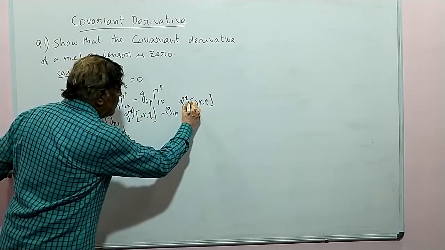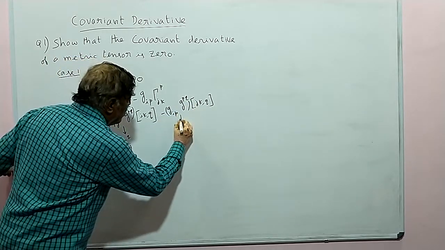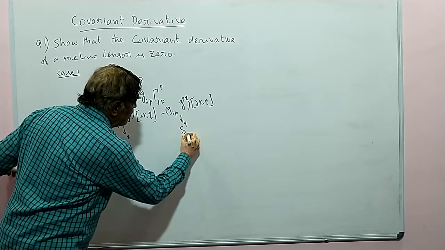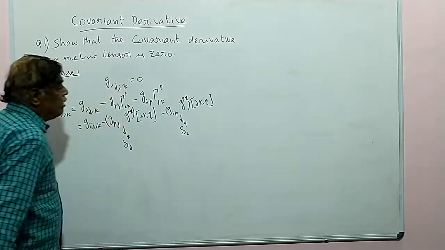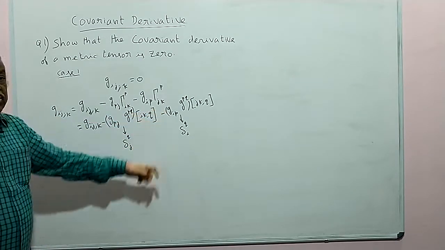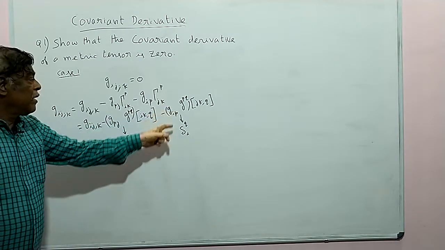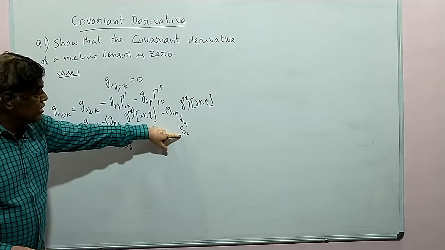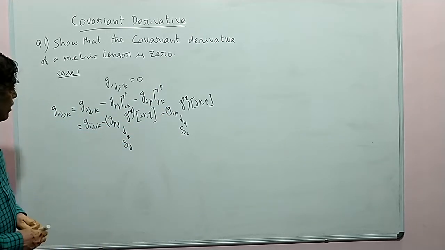Similarly, here this is delta q i, because we have already shown that the inner product of the contravariant and covariant metric tensors is equal to the Kronecker delta.